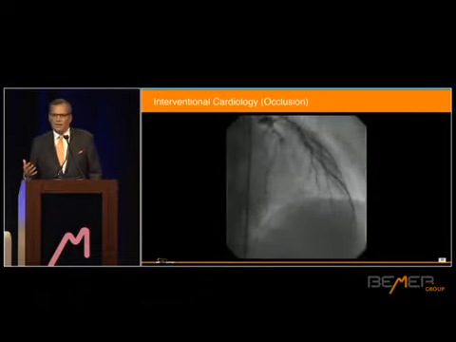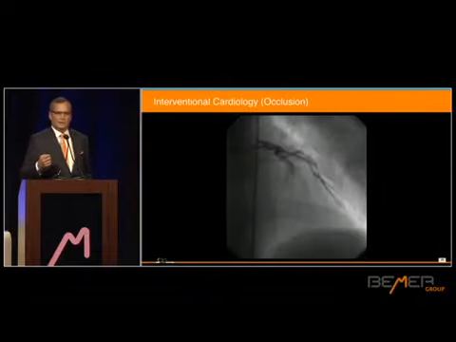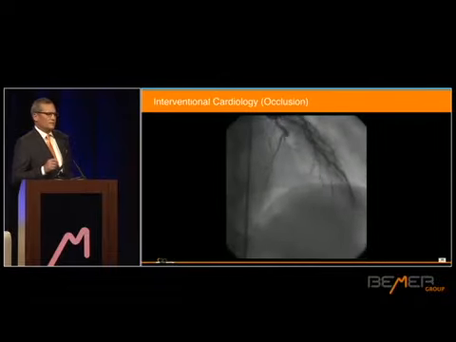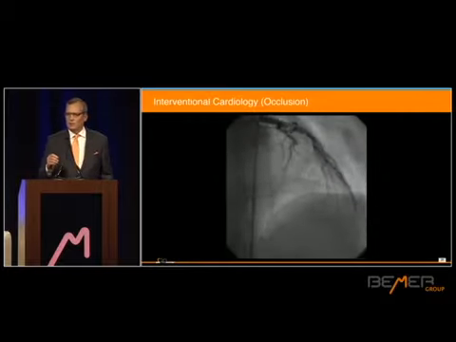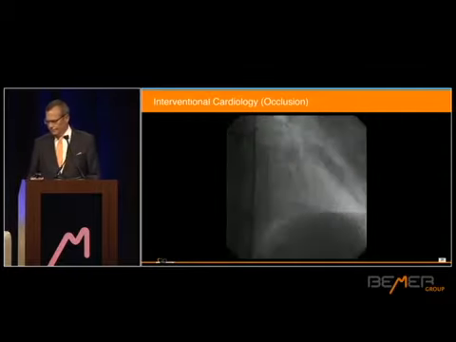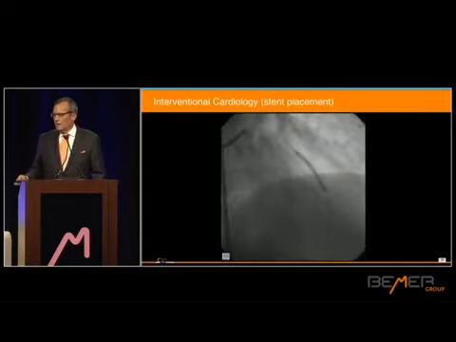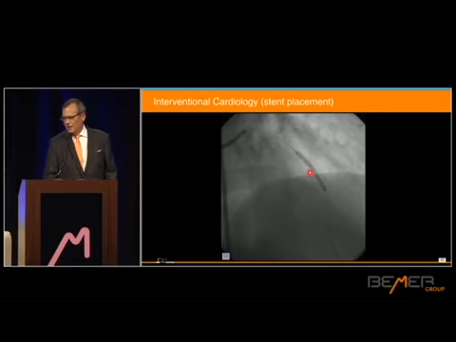What our job is in the cath lab is to get a wire down that vessel, try to open it, and then expand it with a balloon and usually a stent. That's what's happening here. Here's the balloon expanding a stent into the 100% blocked artery.